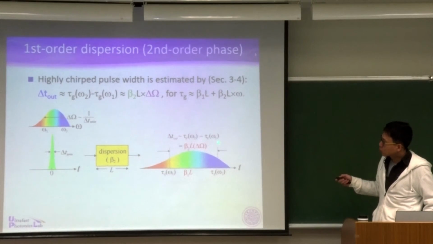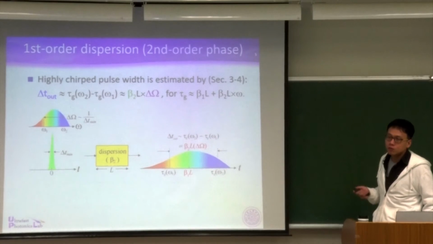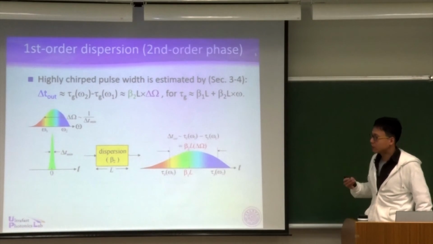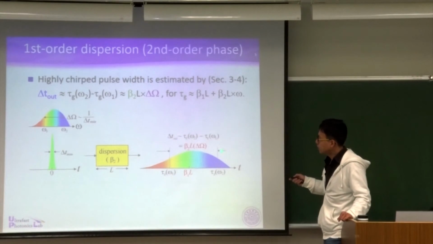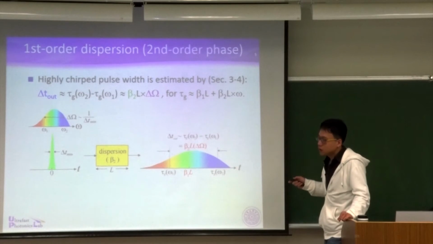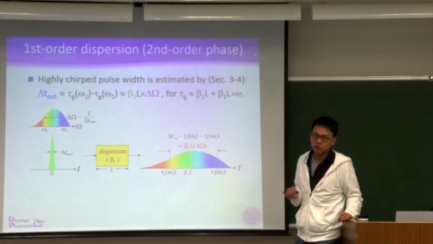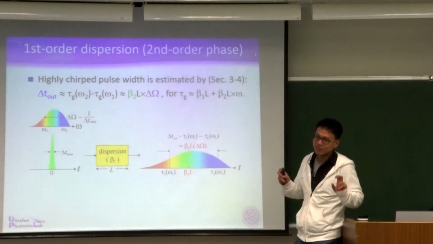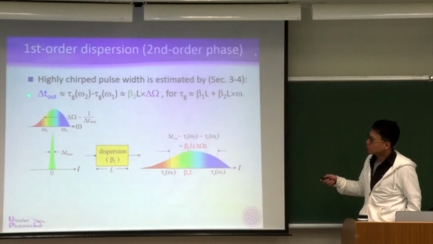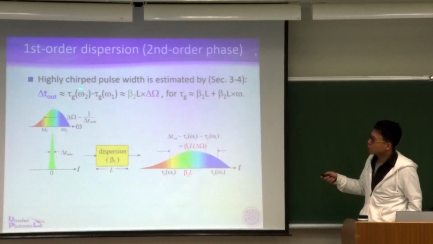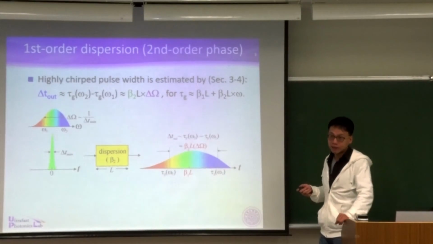Then minus the group delay of frequency omega 1, the time required by the lower frequency component to pass through the same medium. The temporal difference should be about the output pulse duration, right? This is the underlying idea. So the output pulse width is approximated by tau g of omega 2 minus tau g of omega 1.